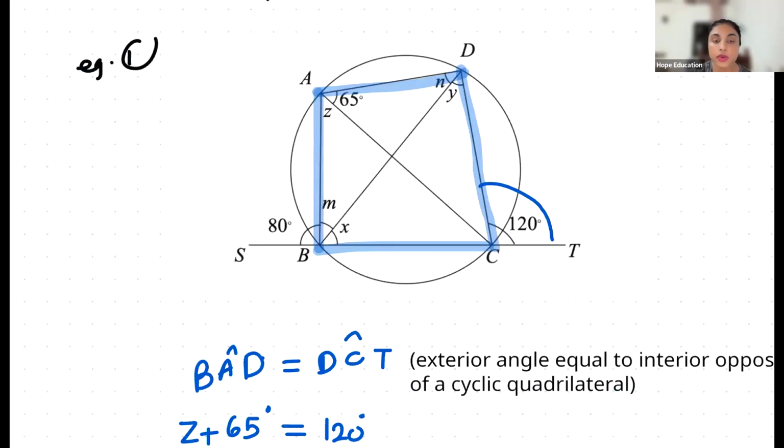You can see there's an exterior angle here, and this exterior angle is equal to the interior opposite angle. But here I don't know N and Y. Then what should I do? If I don't know N and Y, what should I do here? How do I find the other angle?